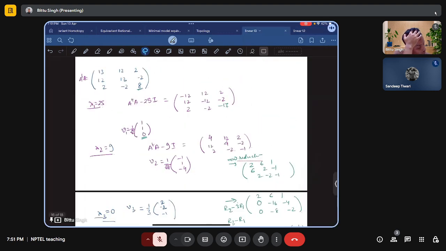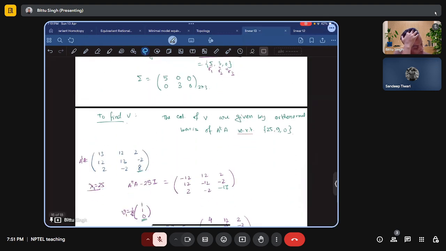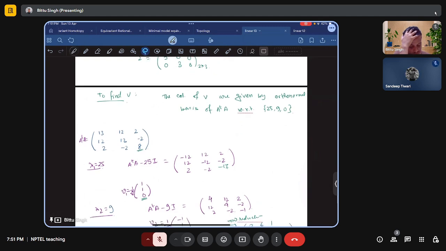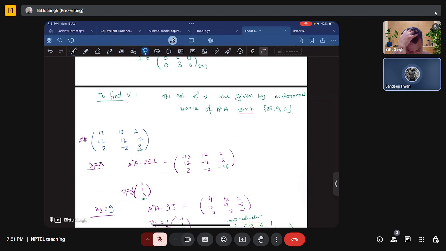I have computed. Yes, yes, I need to take transpose of that thing. Sir, where have you computed the decomposition actually? I have computed phi transpose. Right. Where have you computed the transpose, sir?